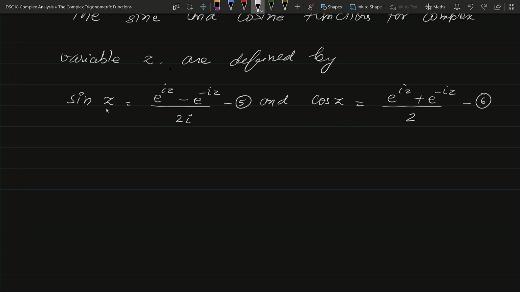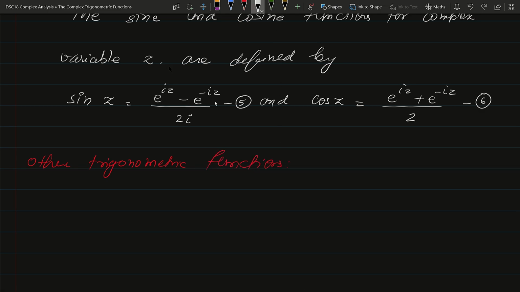And the moment you have the sine and cosine functions, using the relation between the other trigonometric functions, you can write the expressions for tan, cot, sec and cosec functions. So let me write those other trigonometric functions.